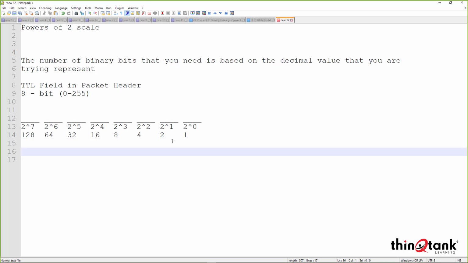All right? So if you were to add up all those numbers, 128 plus 64 plus 32 all the way down to 1, guess what you would get? You would get 255. That's the high end of the decimal value of 8 bits. The low end would be if all the bits are 0. Does that make sense?